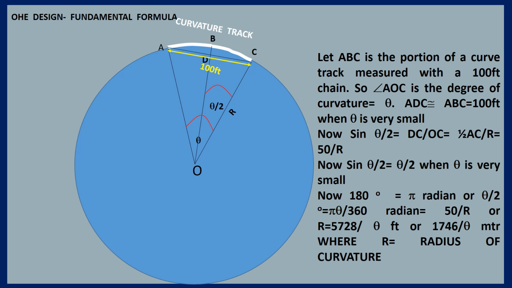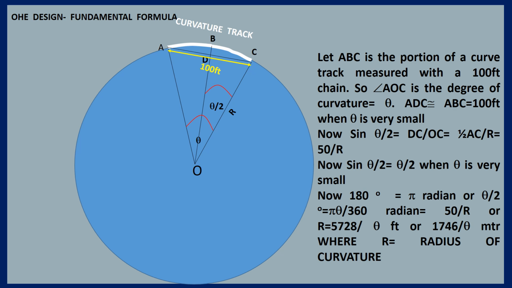Now when theta becomes small, sin theta is almost theta. For example, sin 0 is equal to 0. So when theta is very small, sin theta is equal to theta. Here sin theta by 2 is equal to theta by 2, as theta is very small. Then you convert it into radians. So the value comes: radius of curvature is equal to 5728 by theta foot, or 1746 by theta meter.